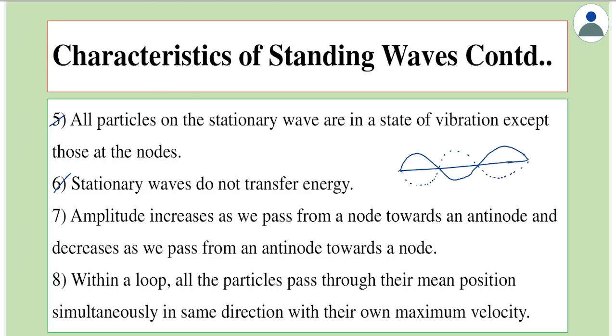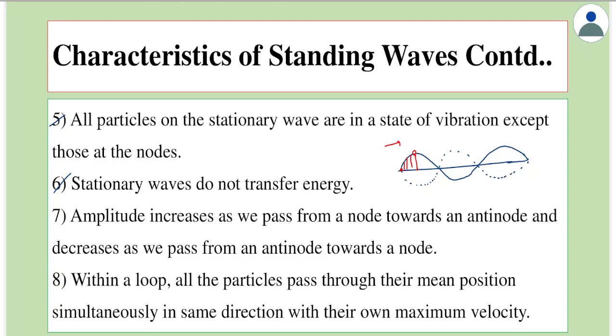We know that the particles at the node will have no vibration. When we move away from the node towards the antinode, the particles will have different amplitudes. The particles at the antinodes will have the highest amplitude, so the particle somewhere next to it will have a lesser amplitude, and this particle still less.